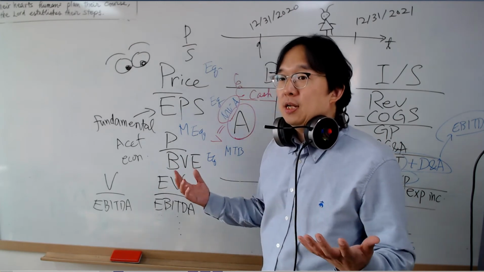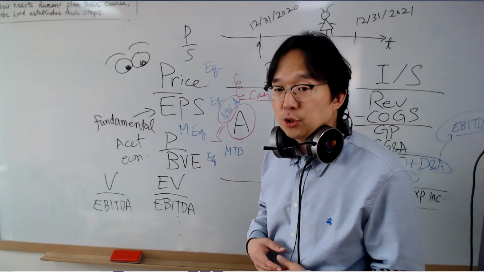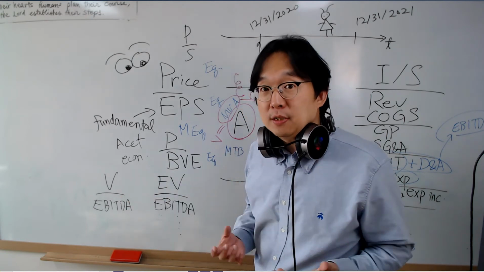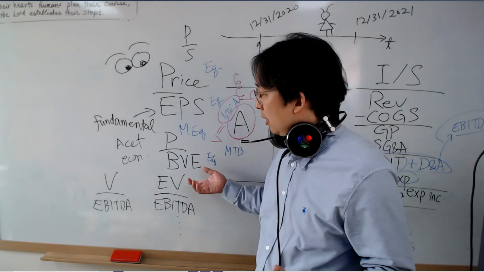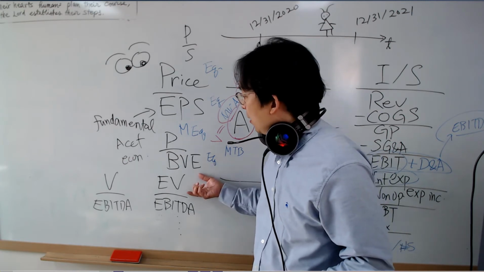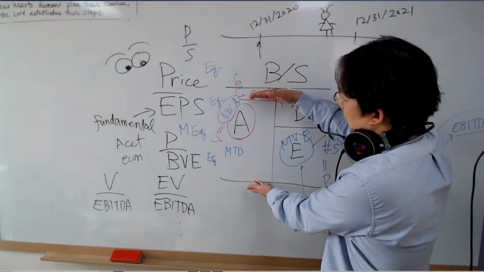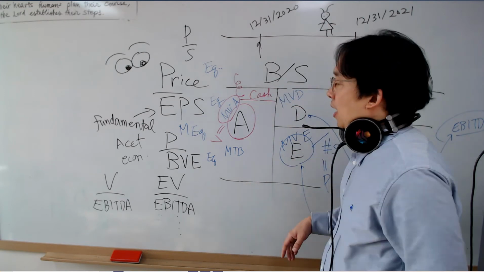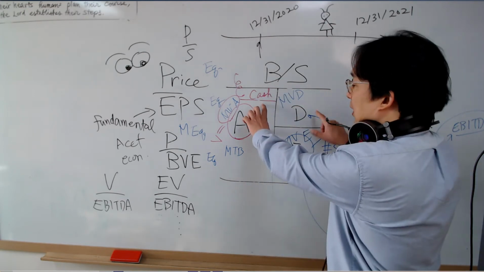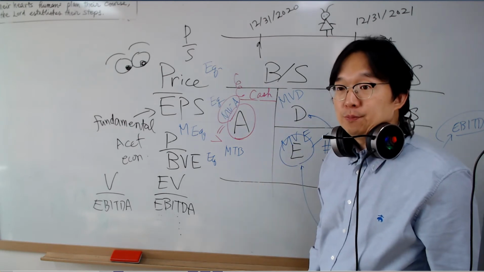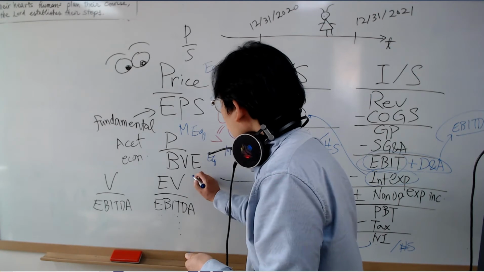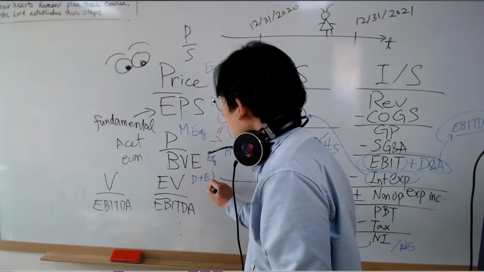But the thing is, getting back to the consistency issue, is this multiple or that multiple consistently defined? Numerator, denominator, let's check it. So enterprise value, this guy. Who are those claimants? Debt holders as well as equity holders. So I should say this is for debt and equity holders.